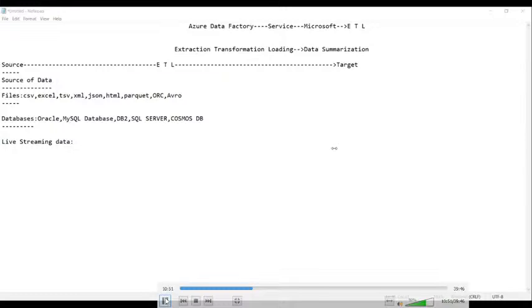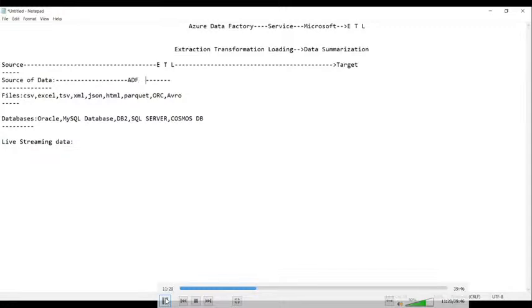These are all the sources of data. Now further, what happens? From the source of data, the data is extracted. So we use what? ADF, that is called Azure Data Factory.